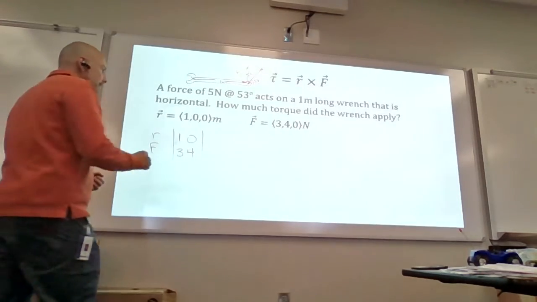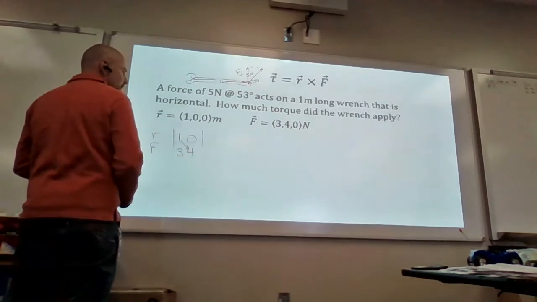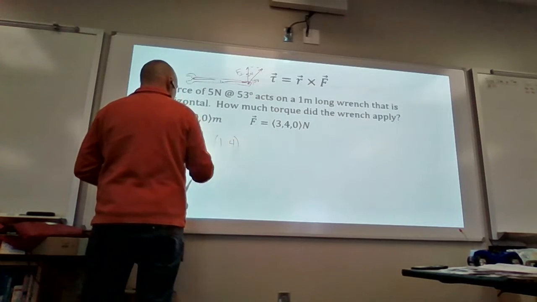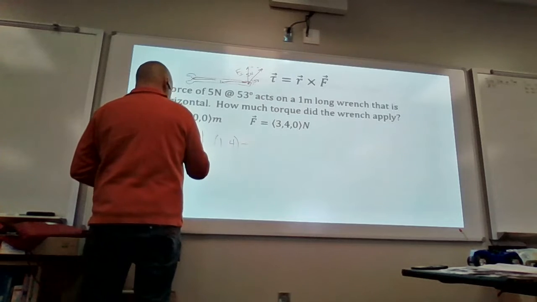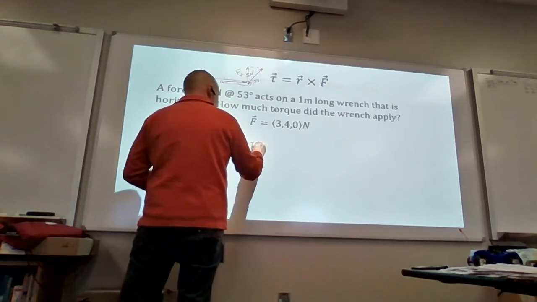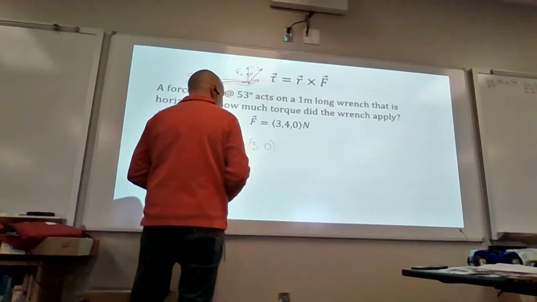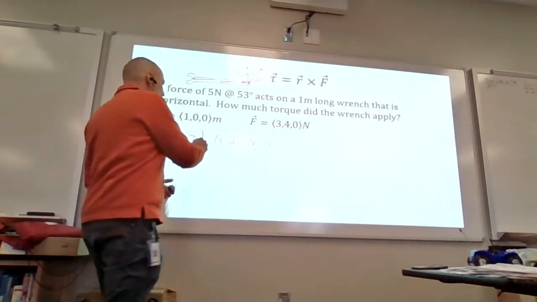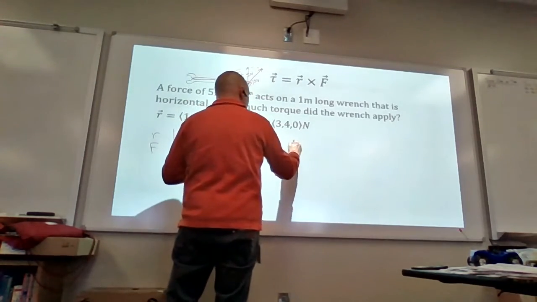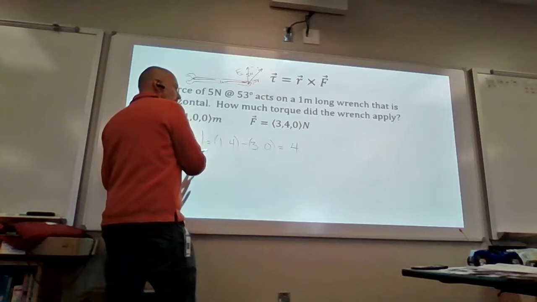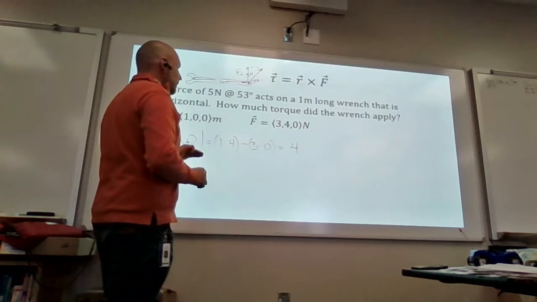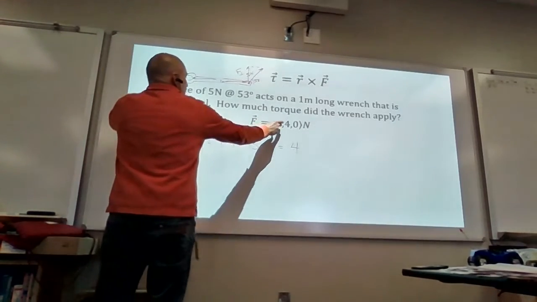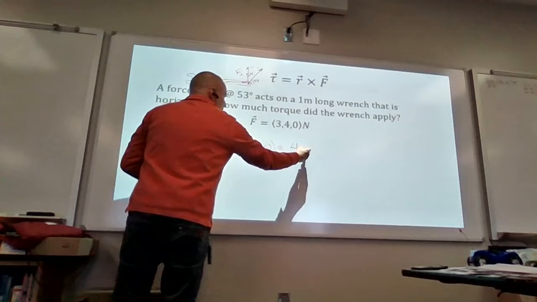What you're going to do is multiply those two, 1 times 4, and then minus 3 times 0. Okay, and what this yields is 4, and you know because it's just a 2x2 matrix that it's going to be in, this is the x, this is the y, so this is going to be in the z direction.